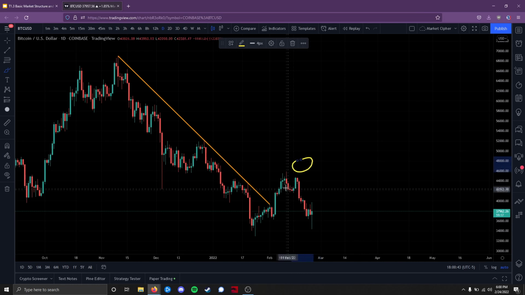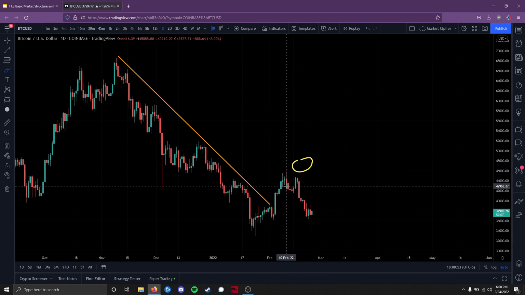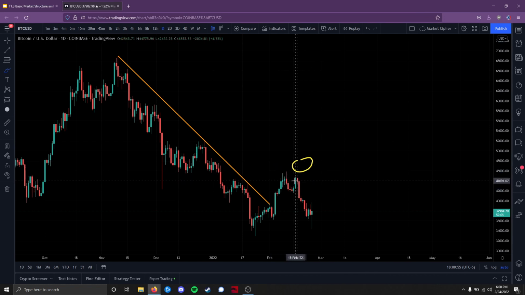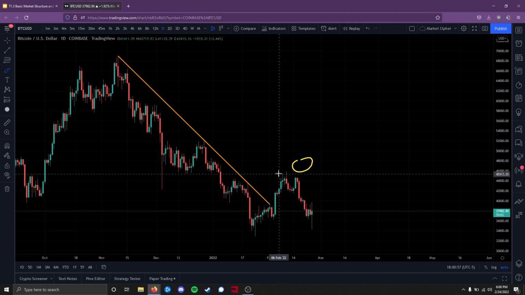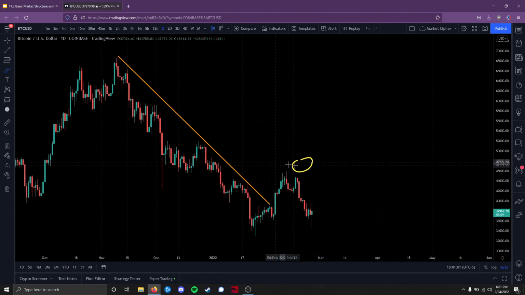If we came to around here and Bitcoin swung up, this would have been a real indication of some sort of market reversal. But that didn't really happen, right? We came up and then were rejected, producing a lower high compared to the one here, and then ultimately fell down.